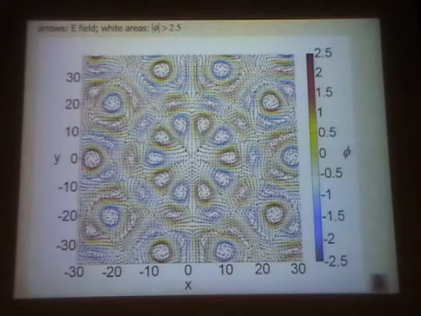I'm looking for maxima and minima. I'm looking for what I've indicated here in white. And so if you pick a white point and start looking, you'll see that it's basically got a defect-like structure in the E field. Wherever you look at the white, there's actually a saddle point in the middle here.